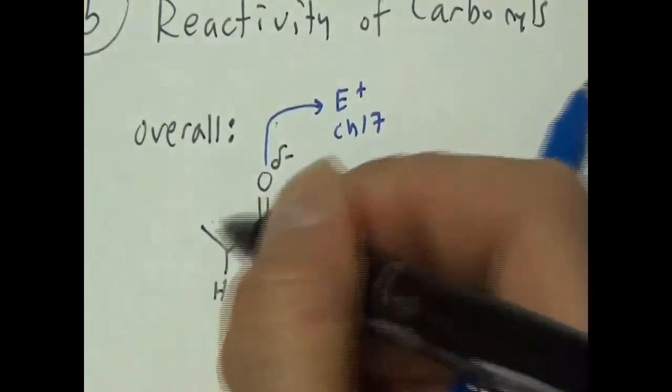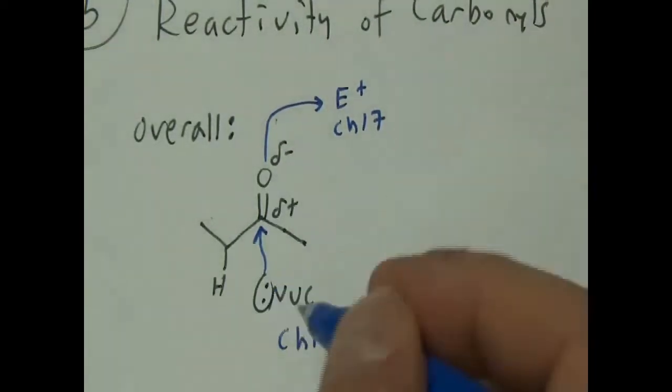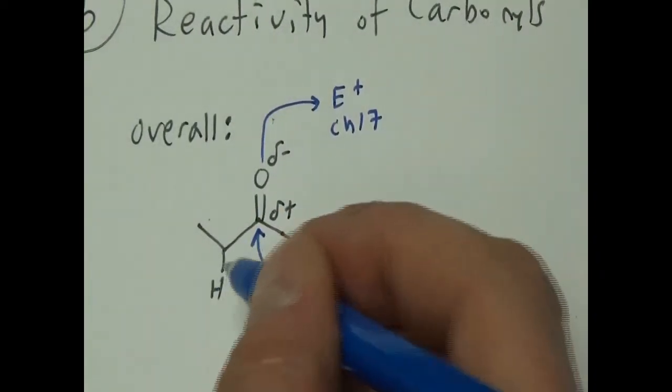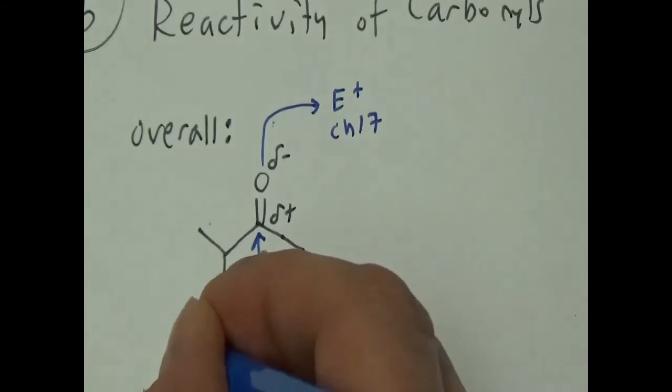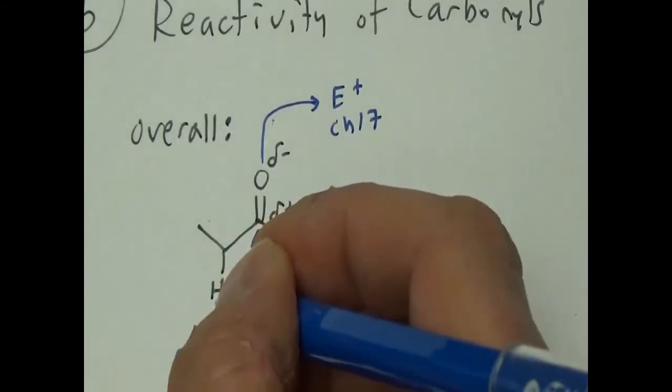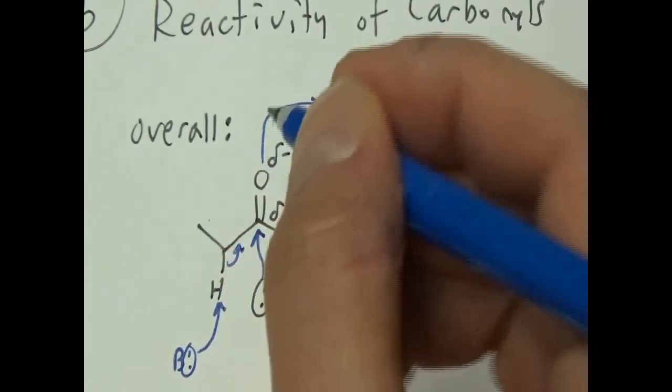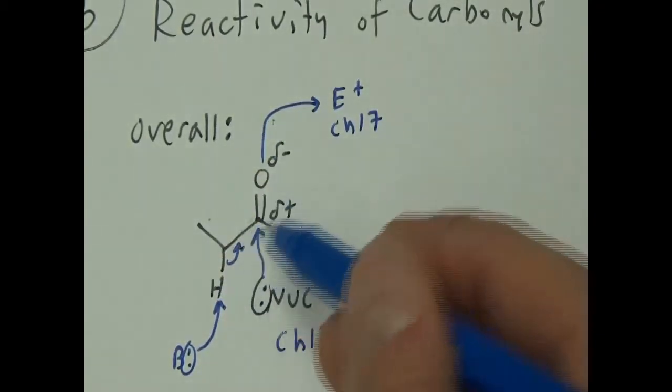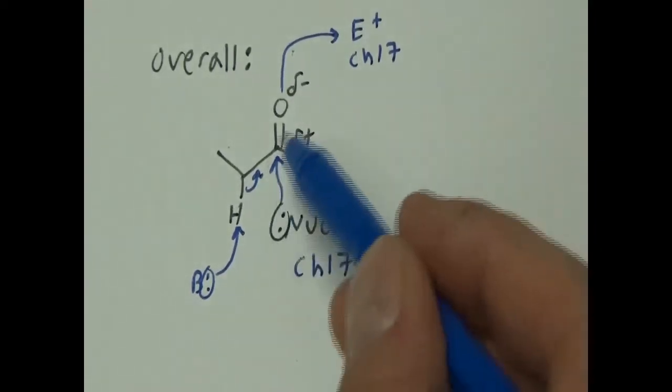We also got a proton next door, right? And you can almost imagine, because the proton is somewhat acidic, that a base can take the proton and sort of kick the electrons towards the ketone or aldehyde, and then do reactivity.